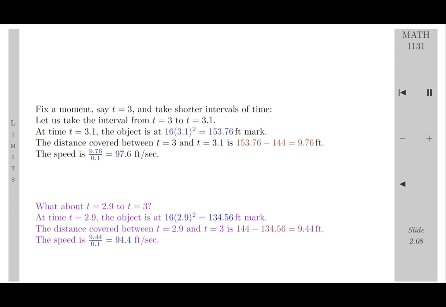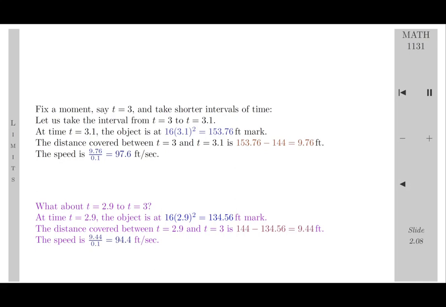The speed is 9.44 divided by 0.1, which is 94.4 feet per second. The two values for speed, 97.6 feet per second and 94.4 feet per second, are not that different. What happens if we take even shorter intervals?